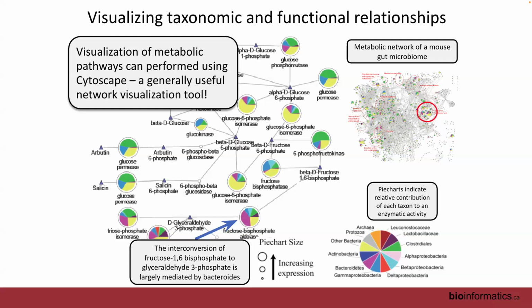So using these kinds of views, you're getting more of a sense of which parts of this pathway maybe one taxon is contributing to. And if you think about a very large map, the one on the right-hand side is, I think, about 1,500 enzymes associated with it. You can zoom in using Cytoscape to identify parts of the network where you can see contributions by individual taxa.